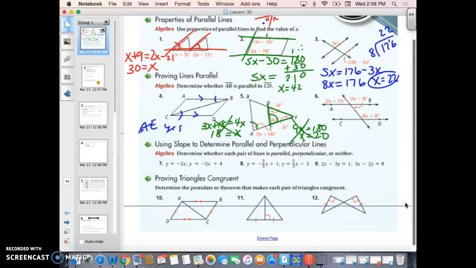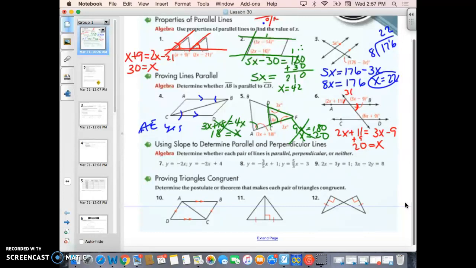The last one is going to be similar. I see that this angle is here and this angle is here, so those are vertical, so they're going to be equal to each other. 2x plus 11 equals 3x minus 9. So I'm going to add 9. What is that, 20? X equals 20. Now you can plug it in.